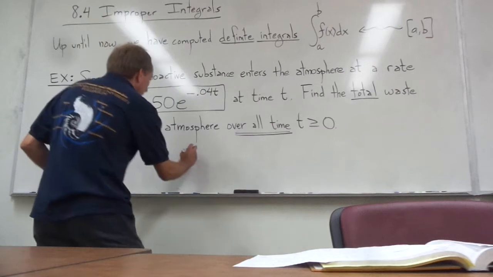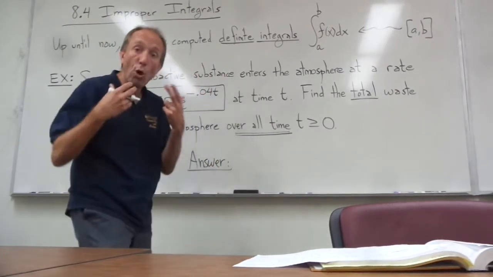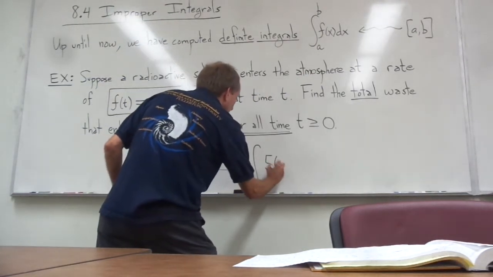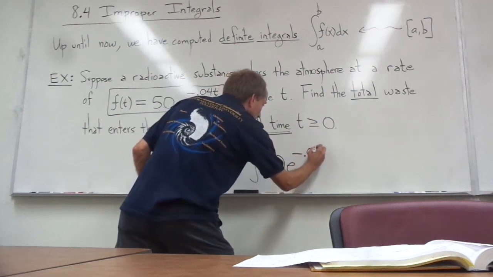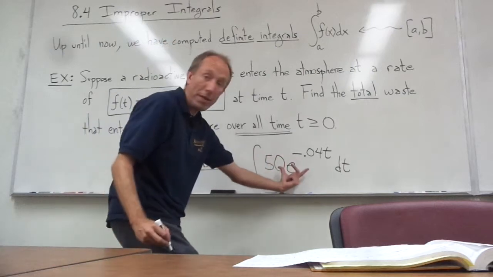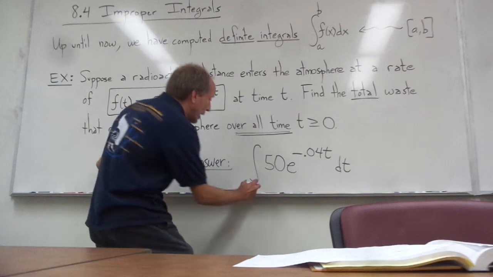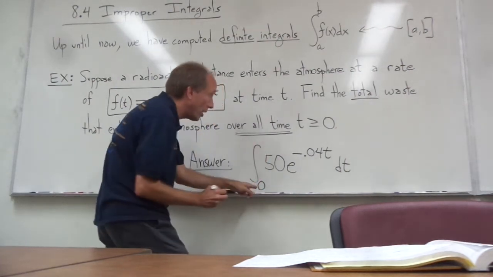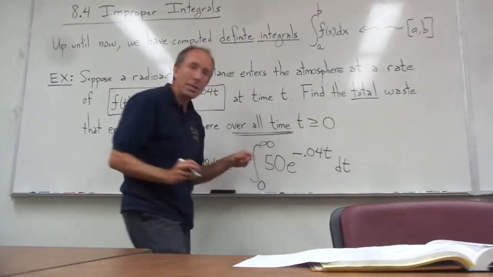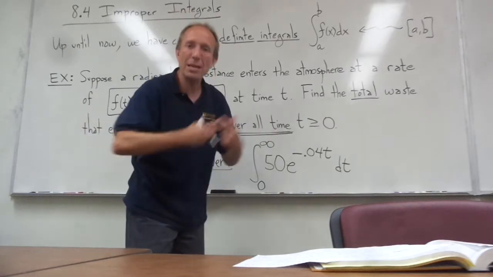The way that I would want to answer that: remember that the total amount of something is just the integral of the rate of change of that expression. So I could write it like this. This is just my rate of change function, f of t. But what I would want to do here, guys, is integrate that starting at time 0, but over all time would actually mean that I'd never stop calculating the amount of waste that's coming into the atmosphere.